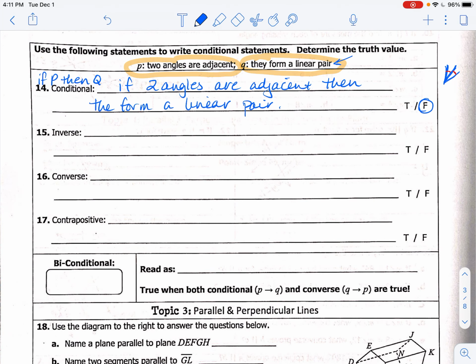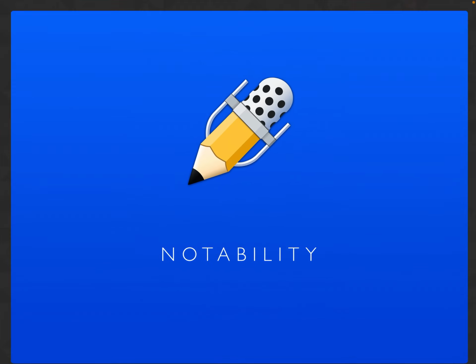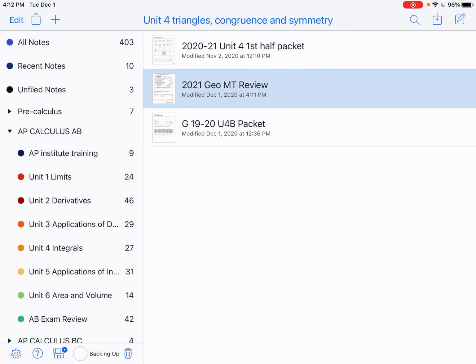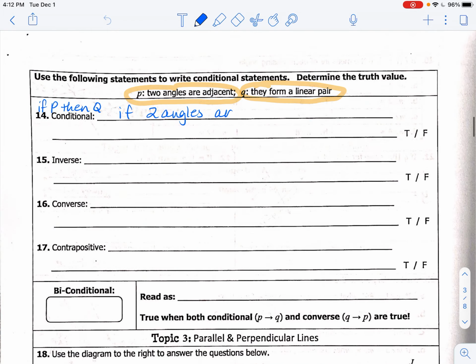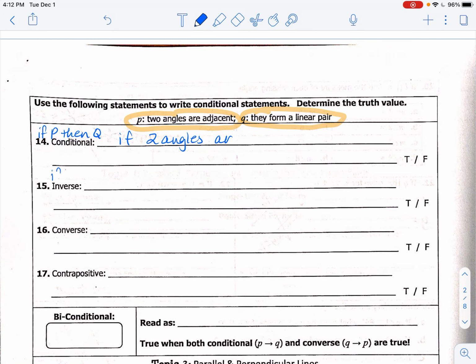Okay, so the inverse, that is the negation. If not P, then not Q. So if 2 angles are not adjacent, then they are not a linear pair.